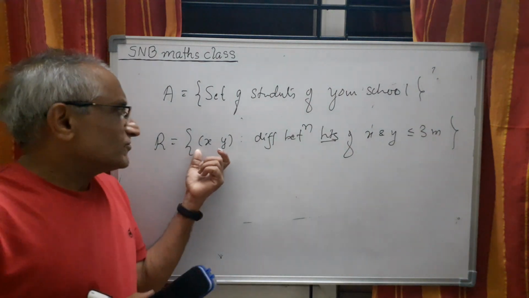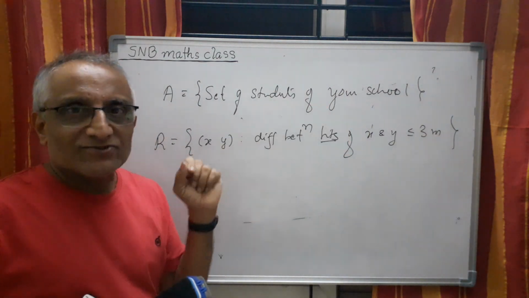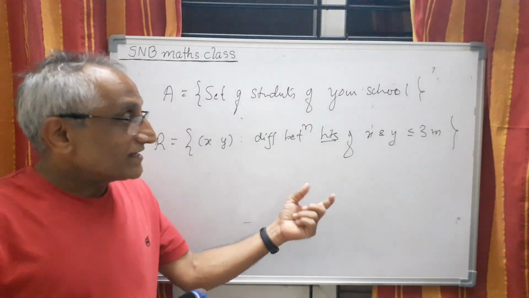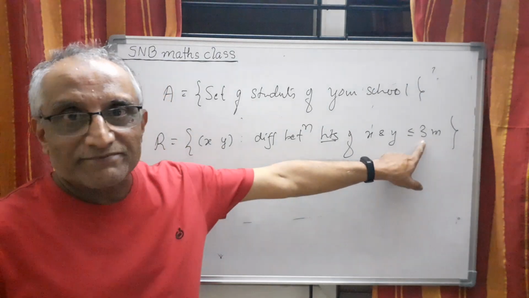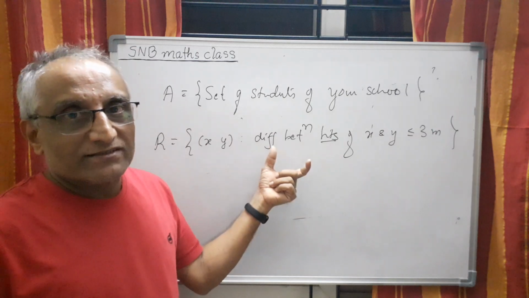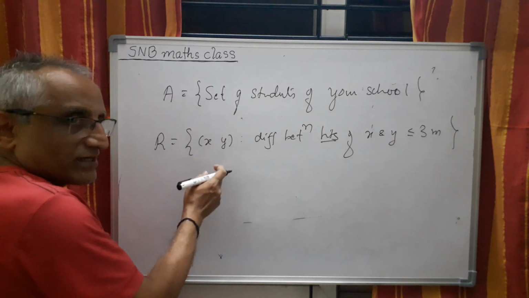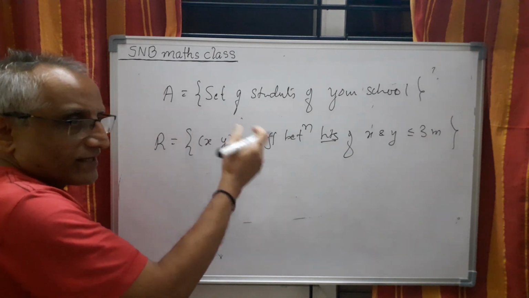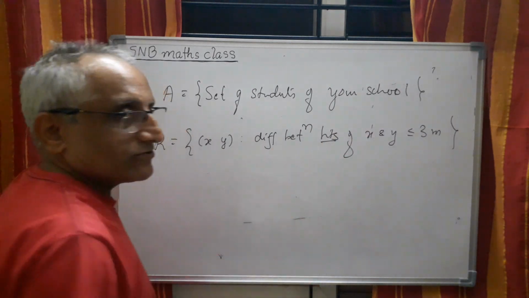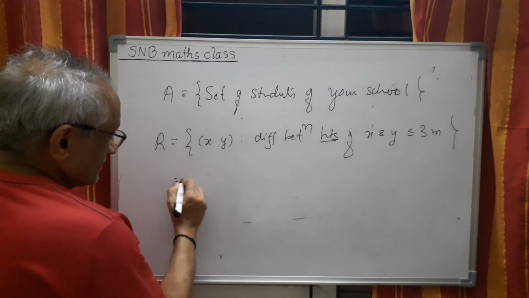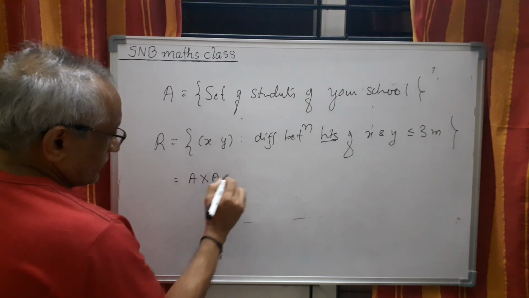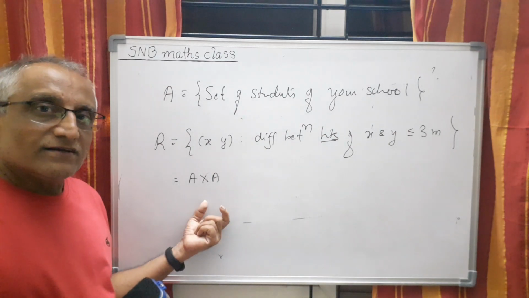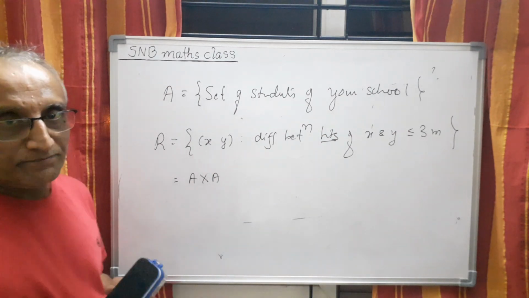Definitely every student is related to every other student, because you take any two students, the difference of their heights cannot be more than 3 meters. So this is universal, because here x is also related to x, since the difference between their heights is 0. X is related to y, and any other student you take. Therefore, this is nothing but A cross A only. So this type of example is called a universal relation.